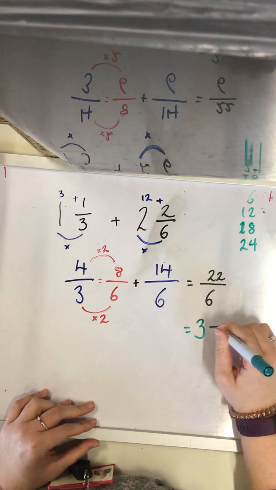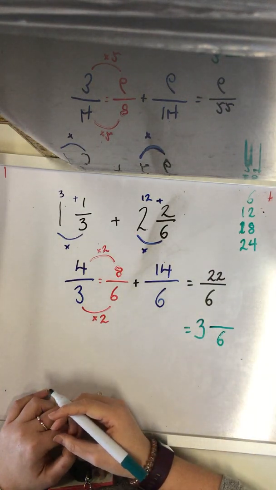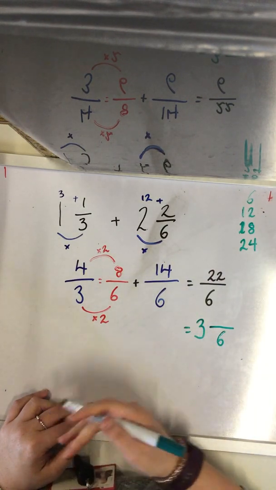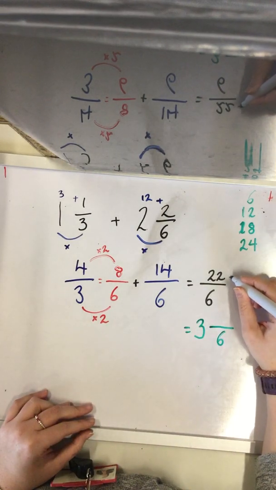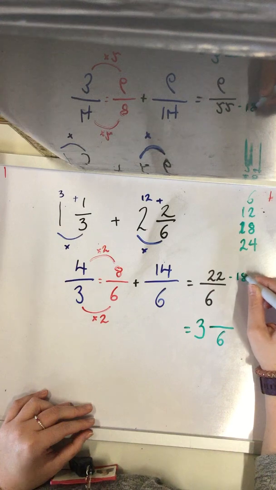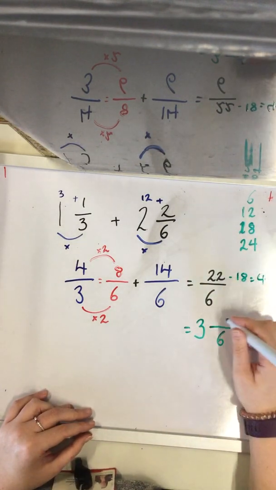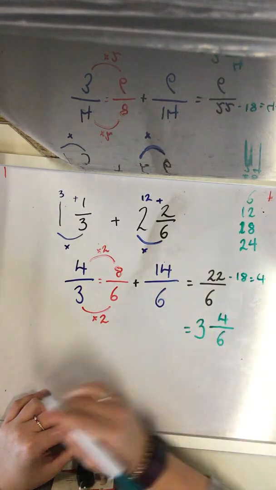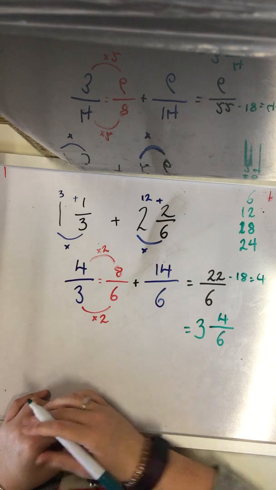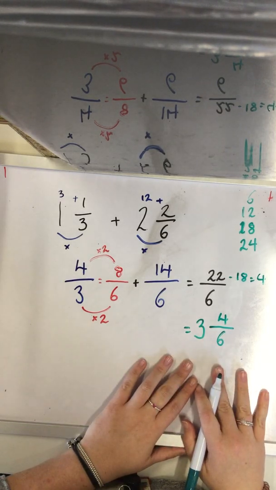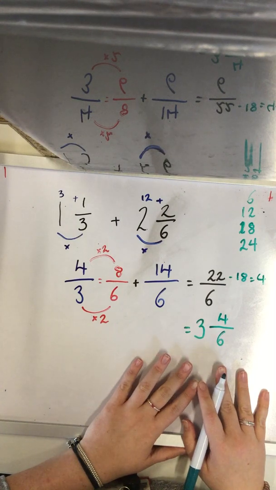And then we put our denominator down here. We keep the denominator the same. We have to write how many is left over now. So we're saying to ourselves, well, what is 22 take away 18? That is 4. So therefore, I'm going to write 4 here. So I'm now left with 3 and 4/6 as my answer.